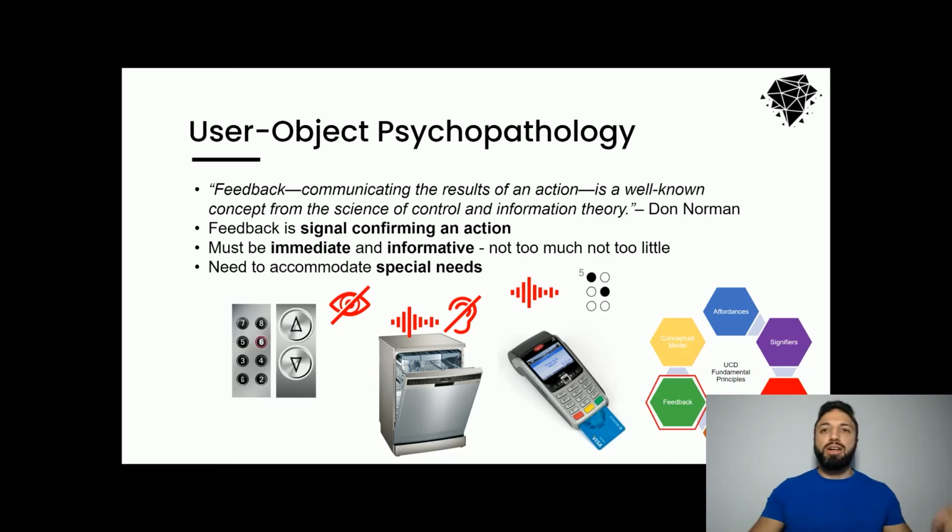If you are clicking on an elevator button, that's a visual indication. But if there's a blind person, in this case, they need more than just this light ring around the number. Otherwise, they're not going to know whether the signal of clicking that button has been received or not. The second requirement is that it must be immediate and informative.